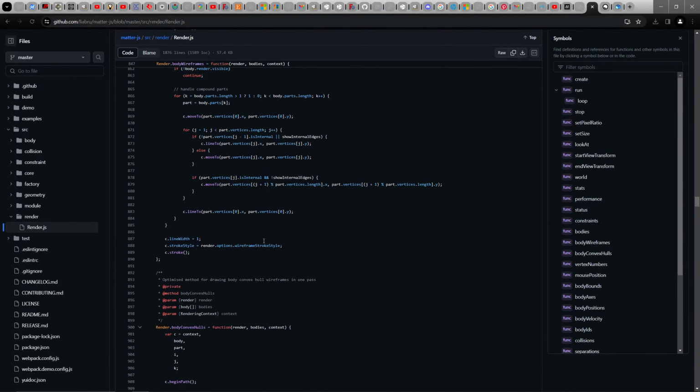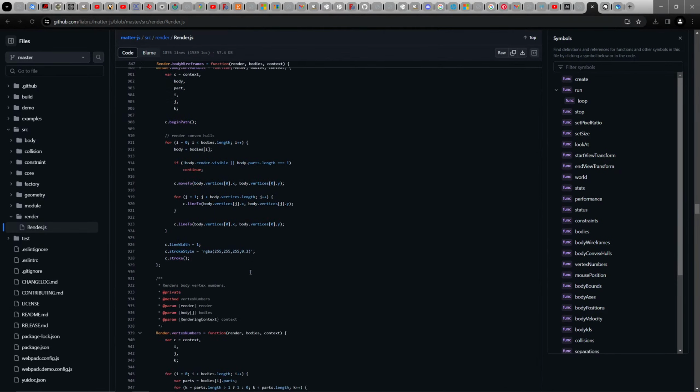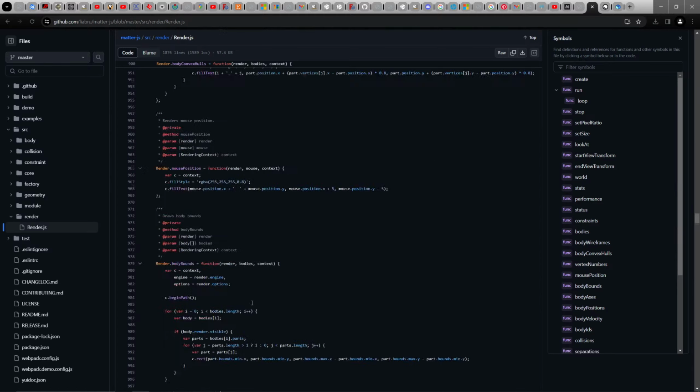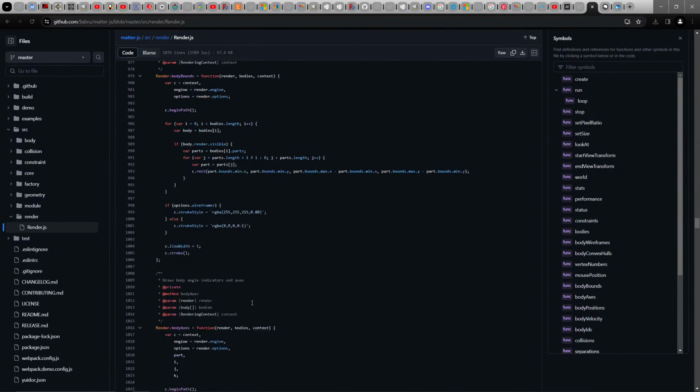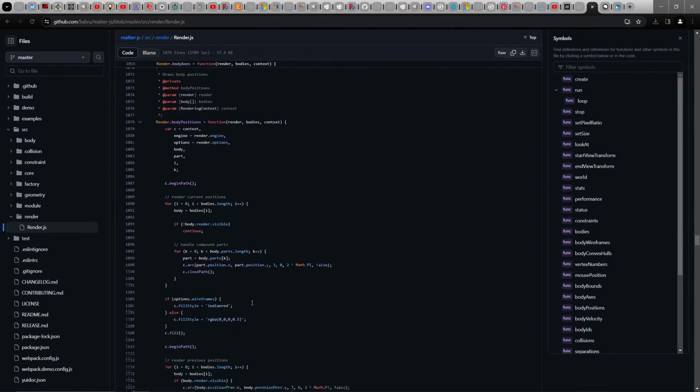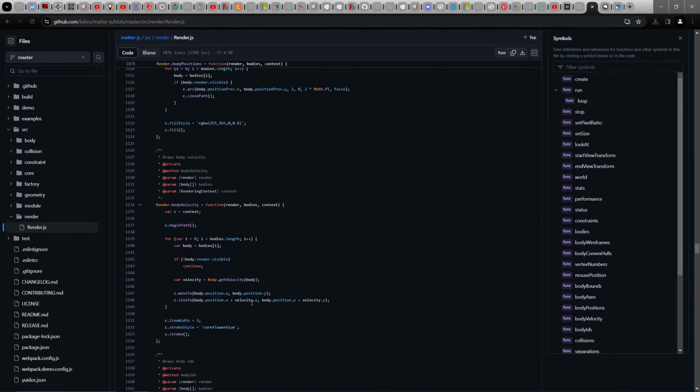Seems to be using just canvas because I see some strokes and stuff like that. Leads me to believe that it's using canvas. Body position.